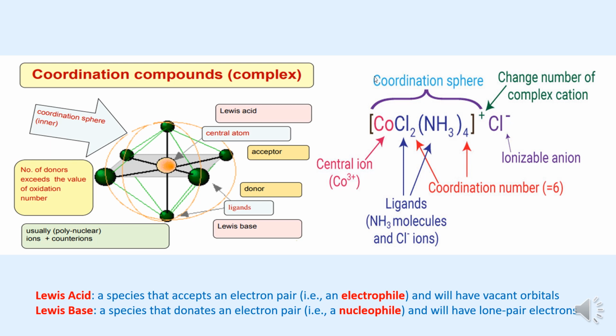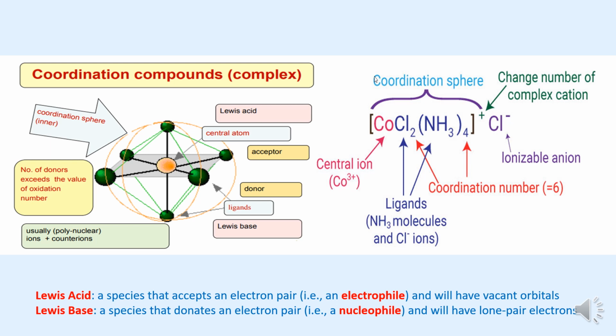Each chlorine and the nitrogen in the ammonia molecule is a donor atom, with the ability to form a coordinate covalent bond between the ligand and the central metal atom. We have two chlorine ligands and 4 ammonia ligands. As a result, the total coordination number of the central metal atom cobalt is 6, because we have 4 ammonia and 2 chlorine.